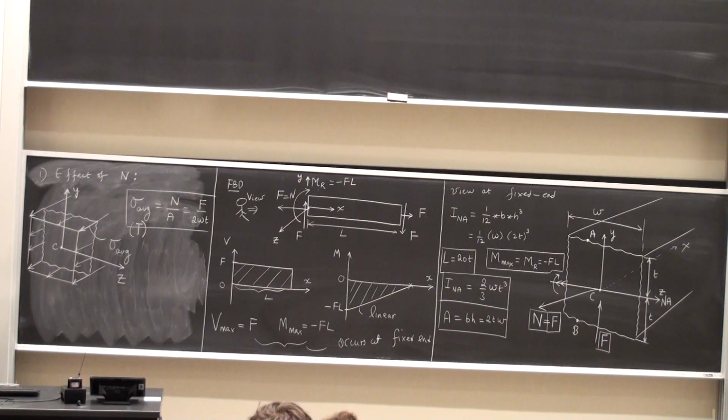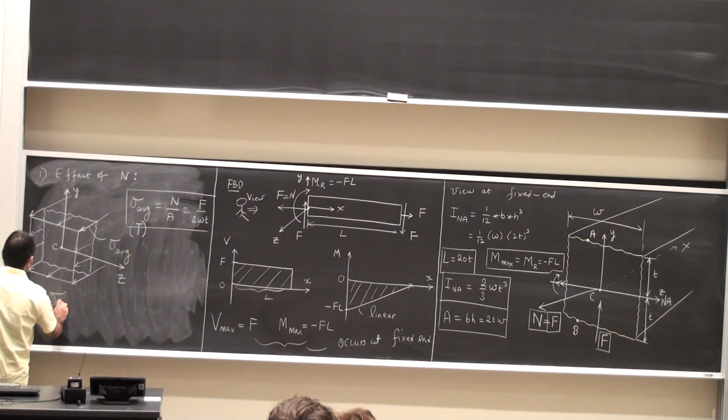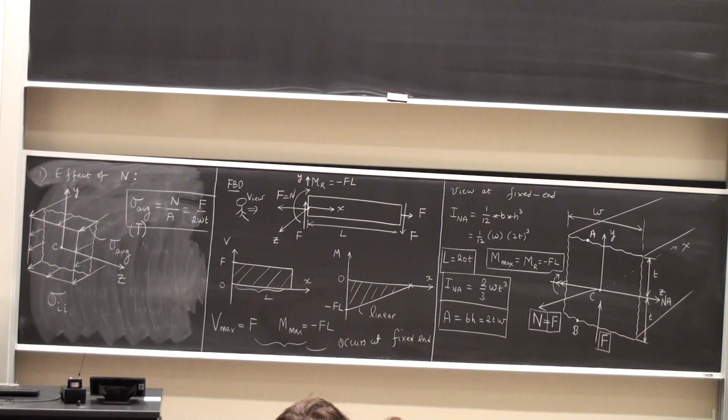So what is the direction of the normal stress? The normal stress is going to be acting in the direction perpendicular to the cross section. So this is going to be sigma x. But we said last time that every normal stress is going to be labeled as sigma ii. Okay, watch this.